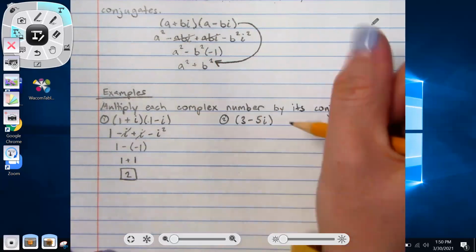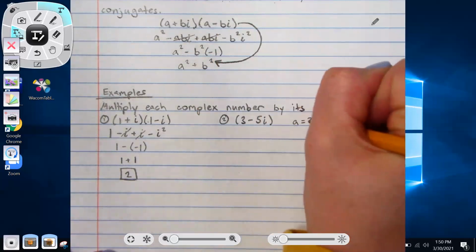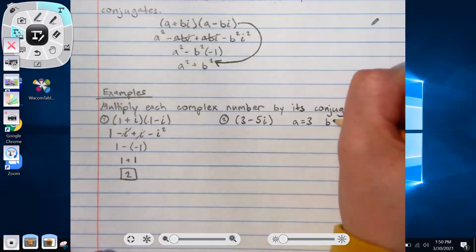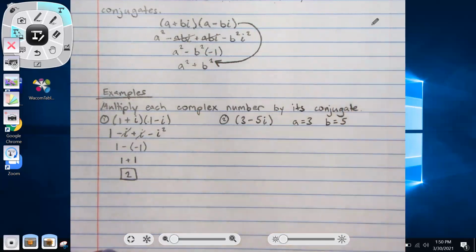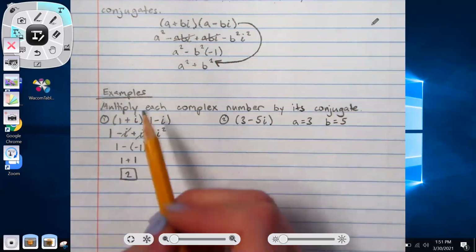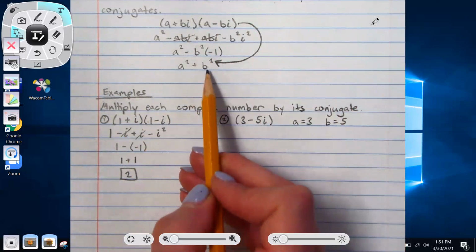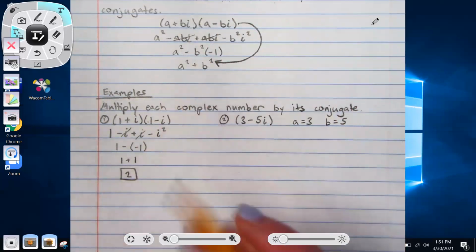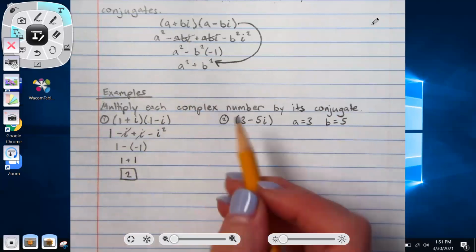So in this case, a is 3 and b is 5. You can put 5 or -5. It won't make a difference because we're going to square it regardless. 5 squared is the same as -5 squared. So really you can just leave signs out of it.